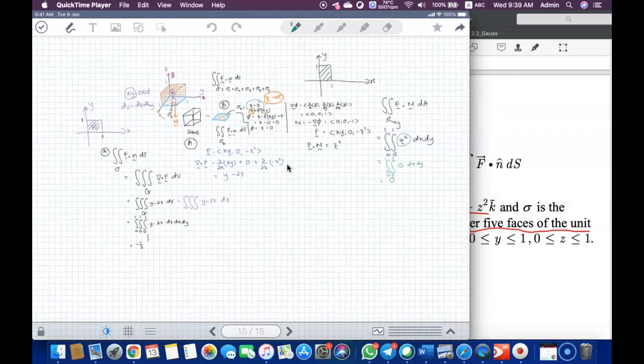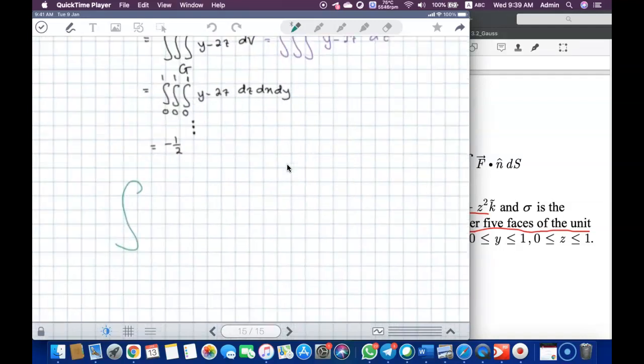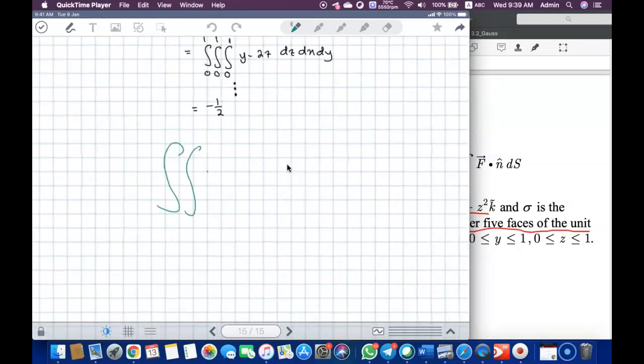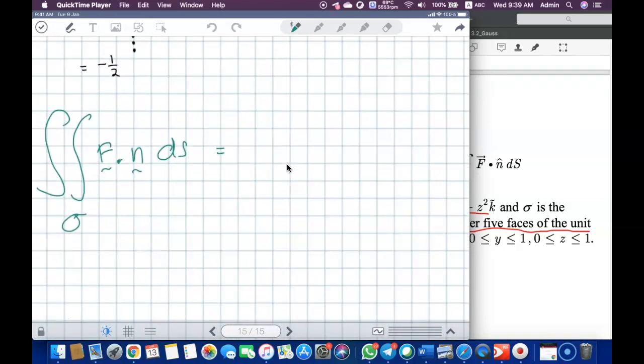The result in B is 0. The result in A, just now, you got negative half. So as a whole, the thing that we are looking for is the surface integral for the 5 surfaces. It's given by the result from Gauss minus B. So the Gauss result is negative half, B is 0, then you get negative half.